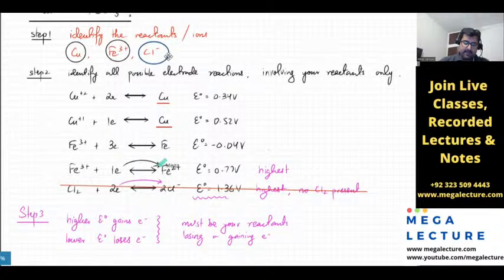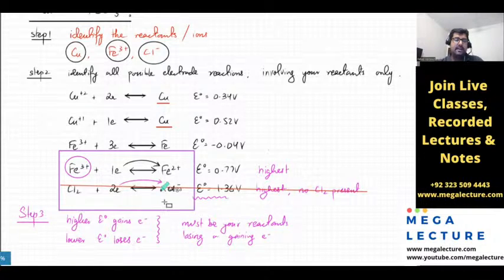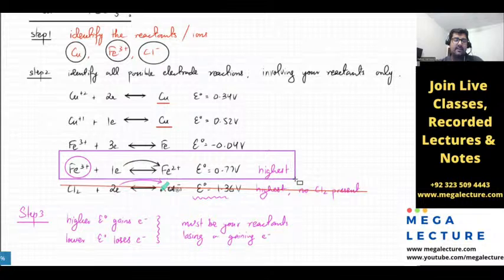And it works perfectly fine because I do have Fe3 plus. So what all my equations are stating is that Fe3 plus has the highest potential. So that's the one that's going to gain electrons. So I'm going to mark this one out because that perfectly works for my reaction. That for me is the one that has the highest potential.